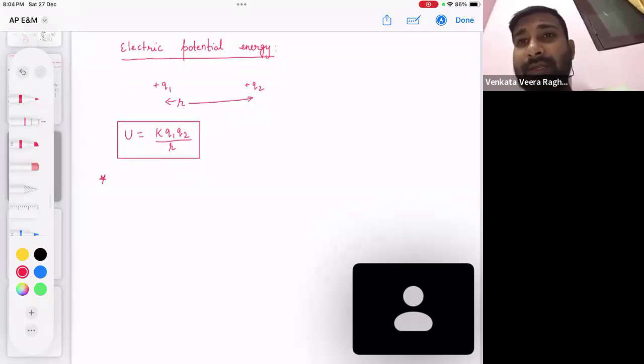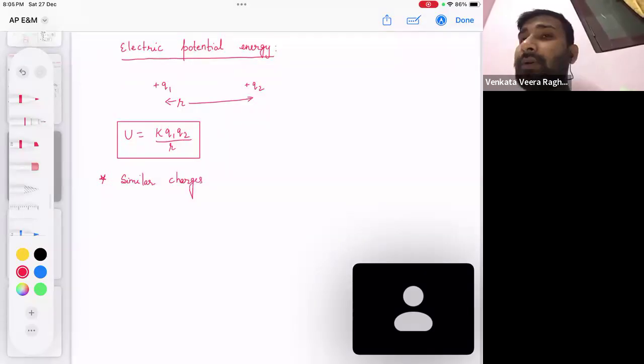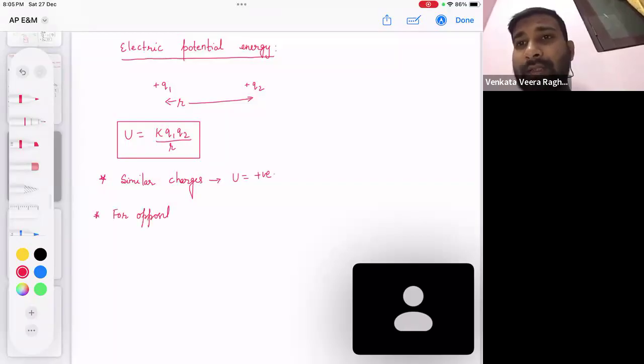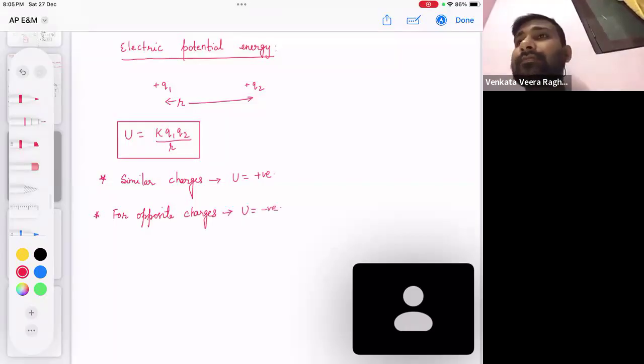So similar charges are given to us, that means both are positive or both are negative. What we will get? Potential energy will be positive in that case. And for opposite charges, what will happen? The potential energy is going to be negative in that case.